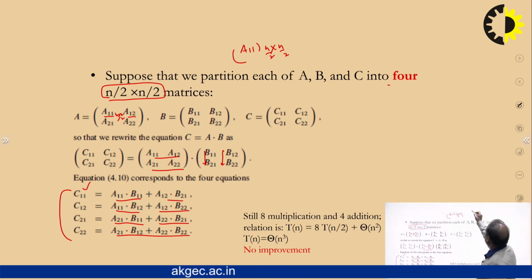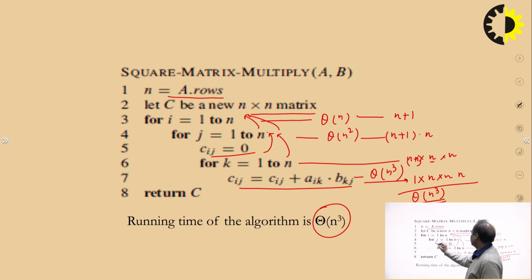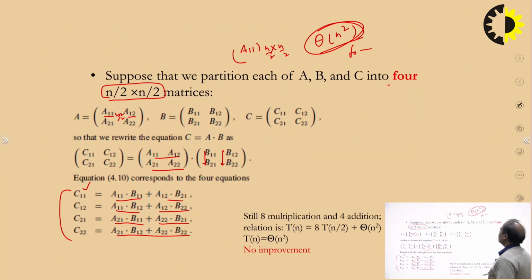We know that matrix addition is going to take theta n square time, because we are just running two loops, and you will see that addition is going to take theta n square, and that addition also takes part here, right? So still we have 8 multiplications.